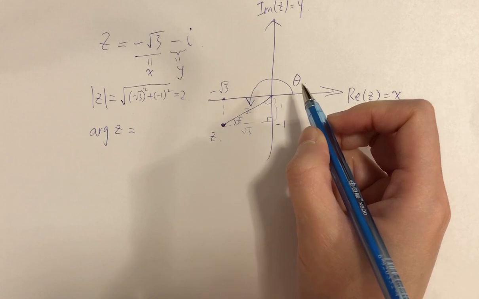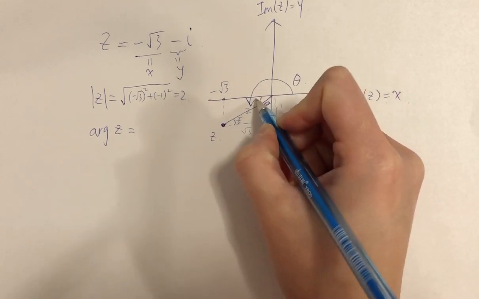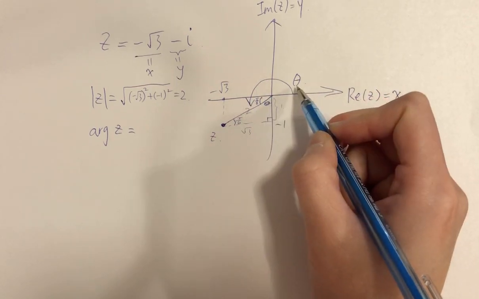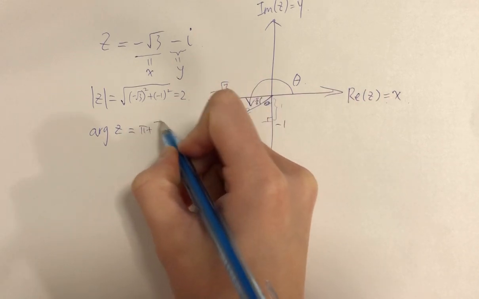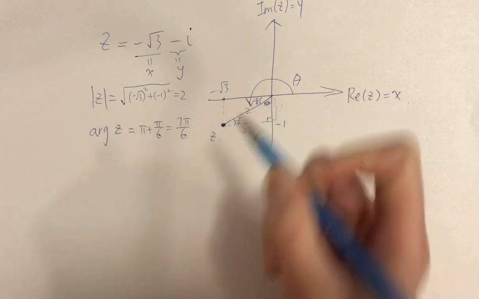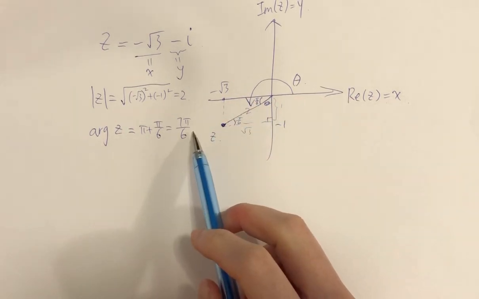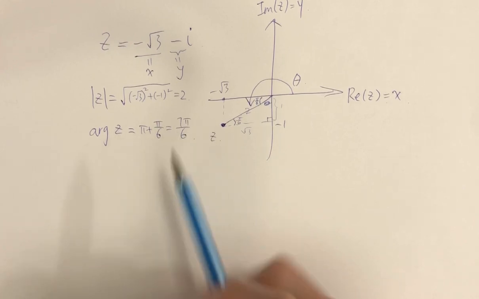So this whole theta will be pi plus this pi over 6, which is 7 pi over 6. So that can be our argument, even though you can add multiples of 2 pi or subtract 2 pi from it.